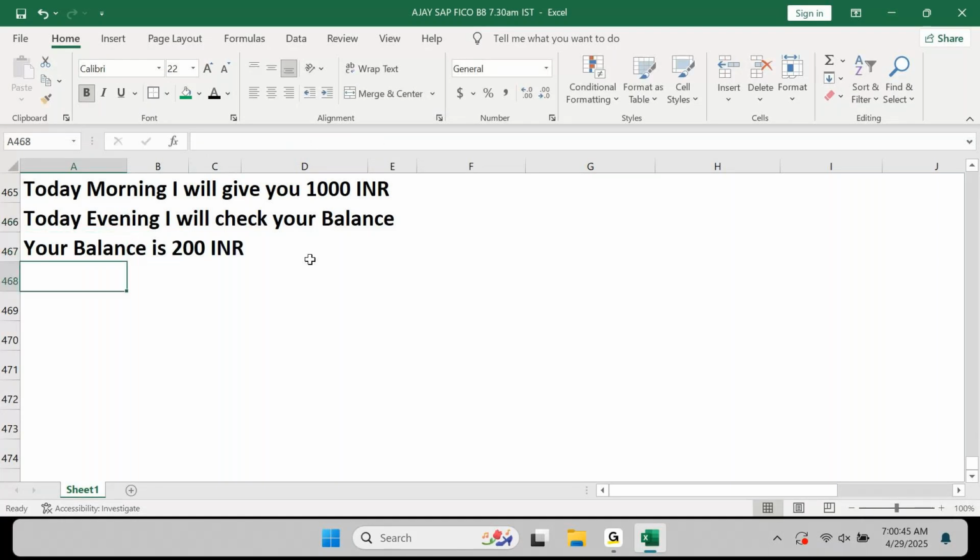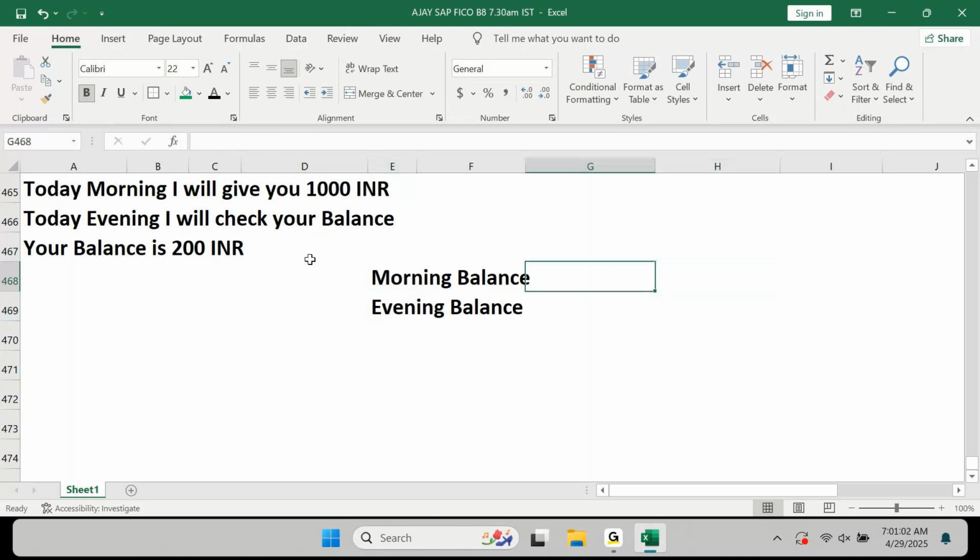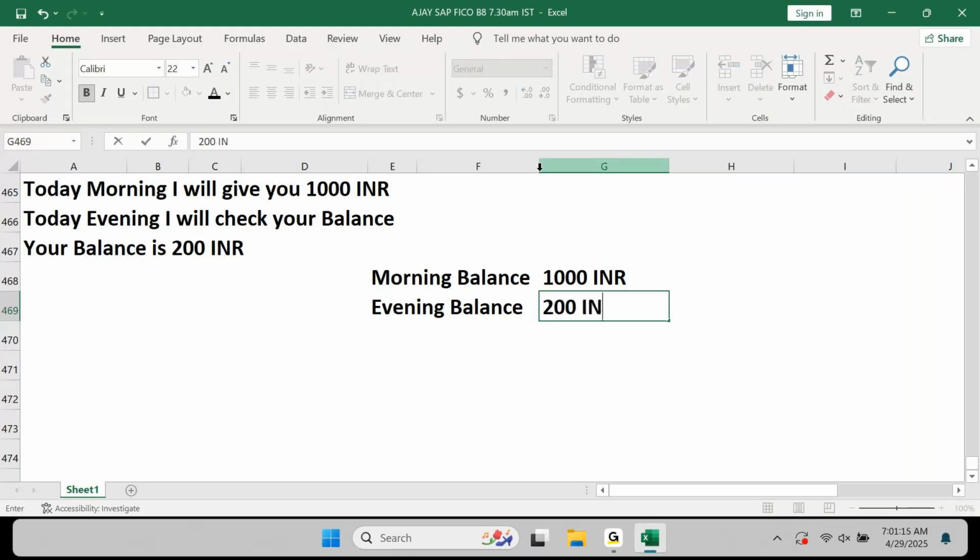What happened? Increased or decreased? Decreased. I will tell the morning balance and the evening balance. What is my morning balance? 1000 INR. What is my evening balance? 200 INR.